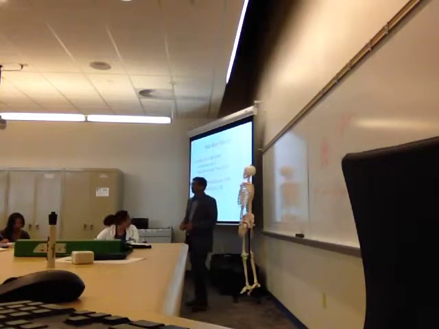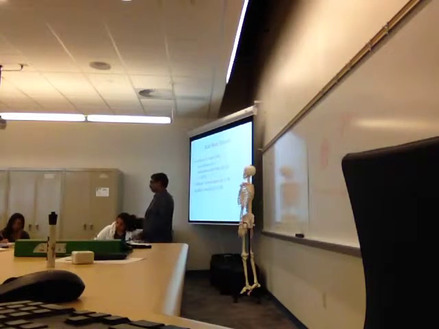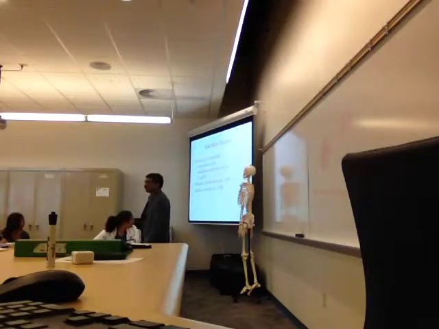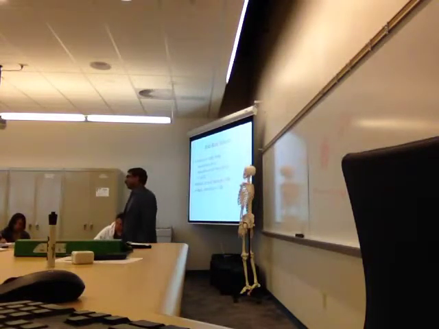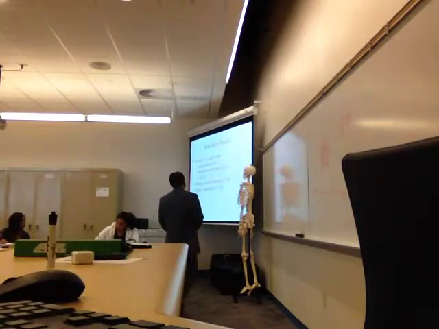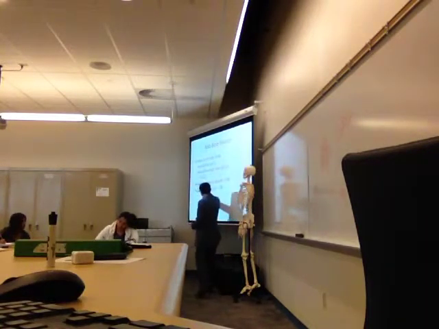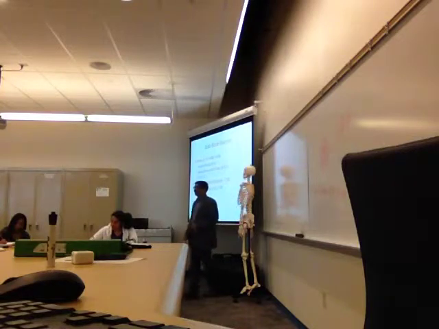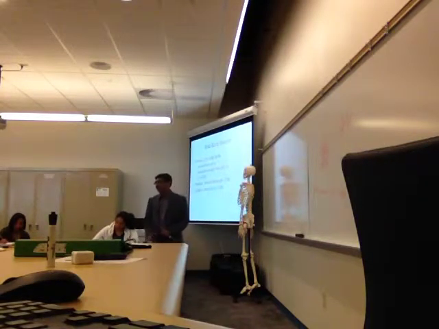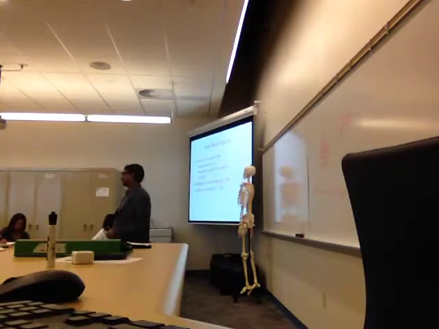Now alkalosis and acidosis. If the pH goes below normal, below means less than normal, that is acidosis. We usually say if the arterial pH goes below 7.35, normally it should be 7.4, in that case we say that the person has acidosis.